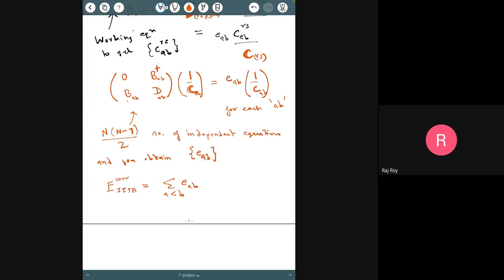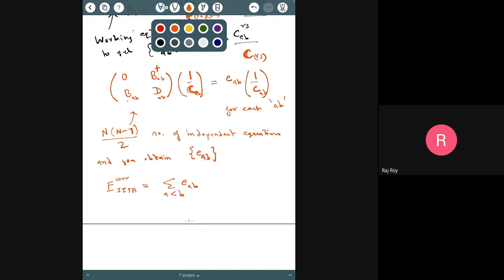The other aspect of this theory is that it has a cleaner connection to perturbation theory. So there are two different types of perturbation theories which you can arrive at from this independent pair approximation by using some mode approximation.